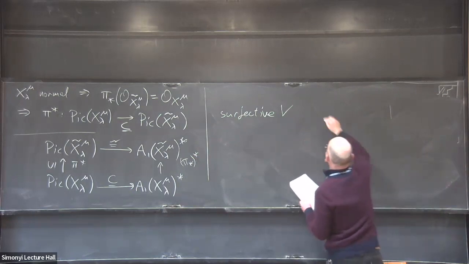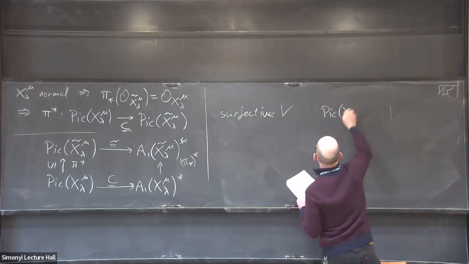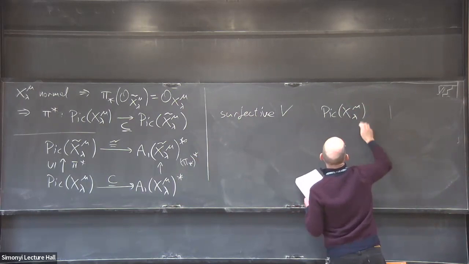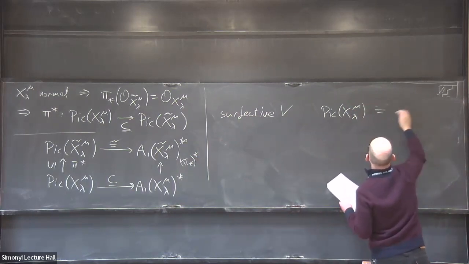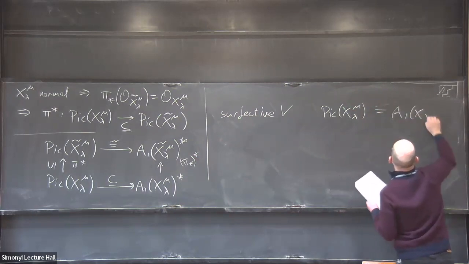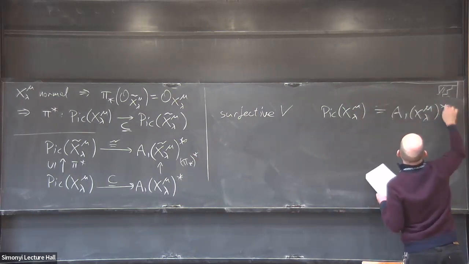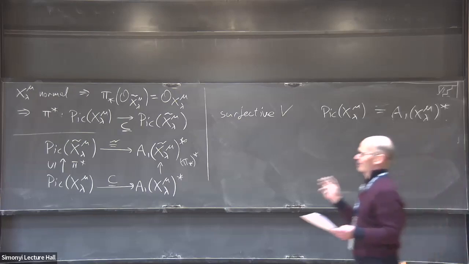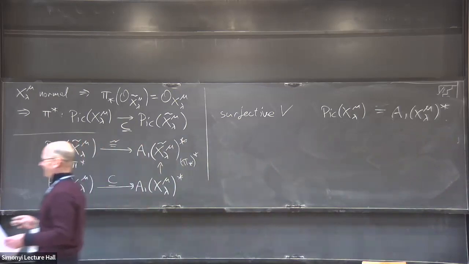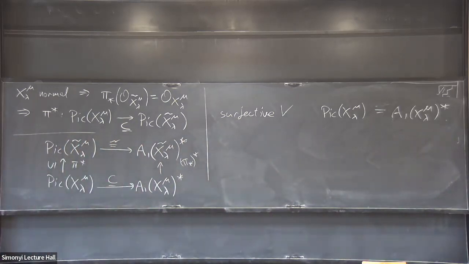We end up concluding that the Picard group of the Richardson variety is in fact the dual of the first Chow group. And I'm out of time, so I really like the resolution, but maybe that's for another time then.